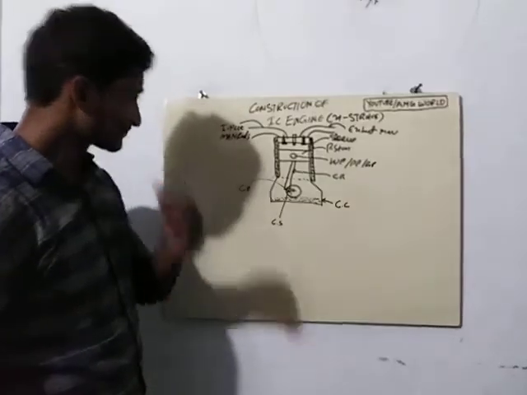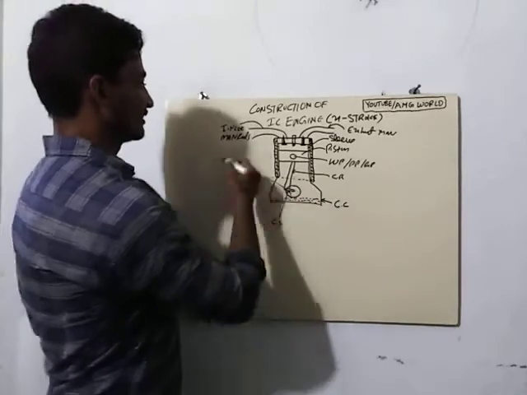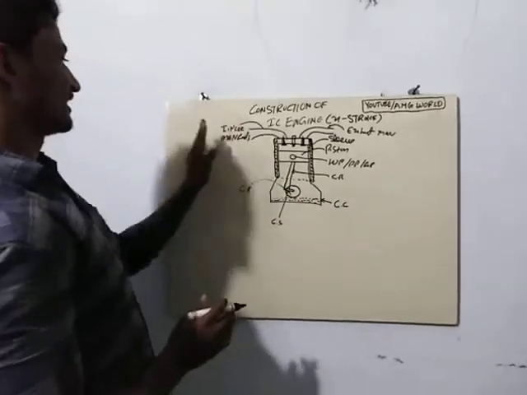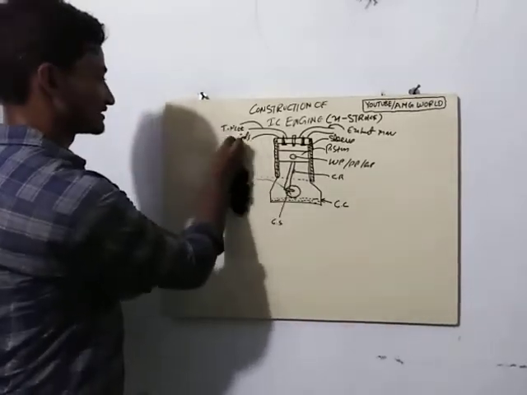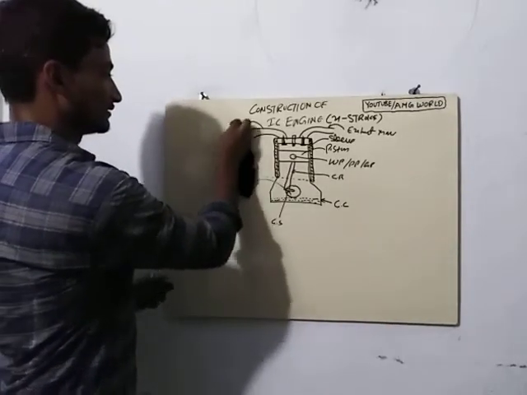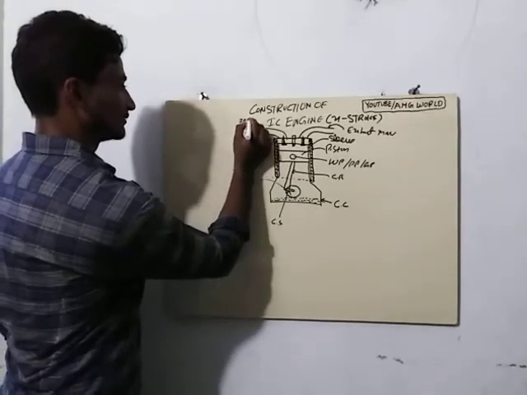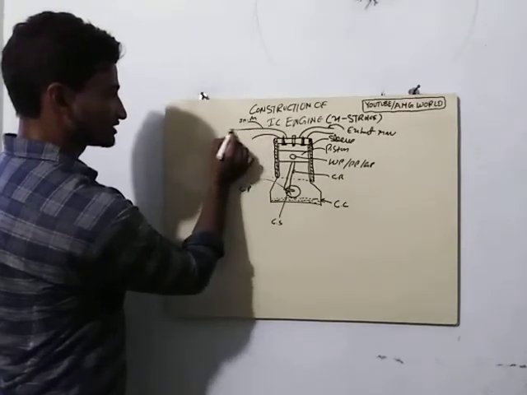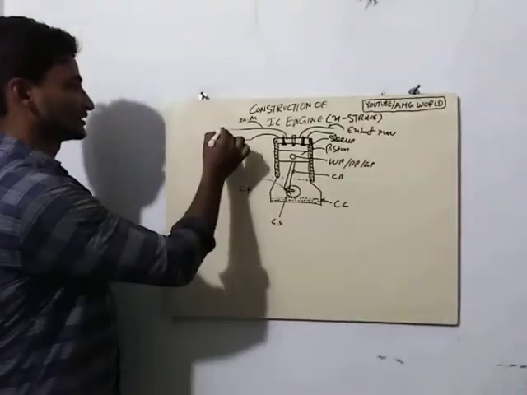And is there anything left? So here, if I take this one as an inlet manifold, this section is going to be connected with a carburetor in an SI engine.